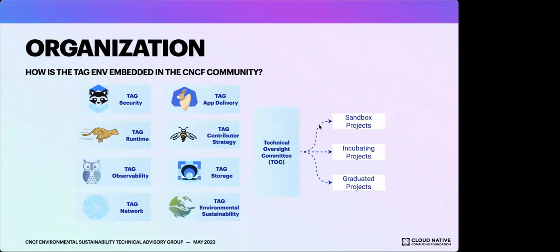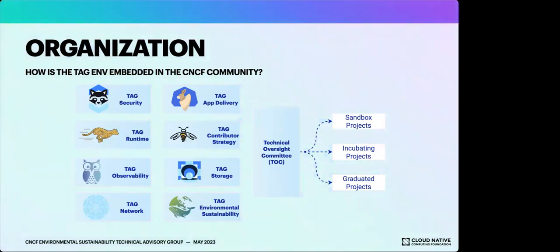This is a very basic overview of the TAGs. You can see all the different TAGs, and TAG stands for Technical Advisory Group. It's a community group, so it's not filled with CNCF employees.